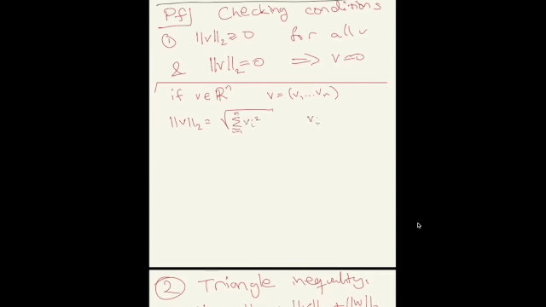Now, the vi squared are all non-negative, so the sum of them is non-negative. And if x is non-negative, then the square root of x is non-negative. So the square root of the sum i equals 1 through n of vi squared is also non-negative.